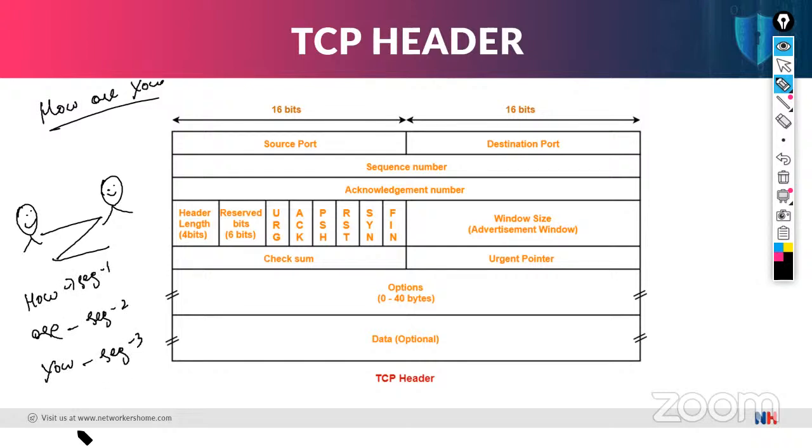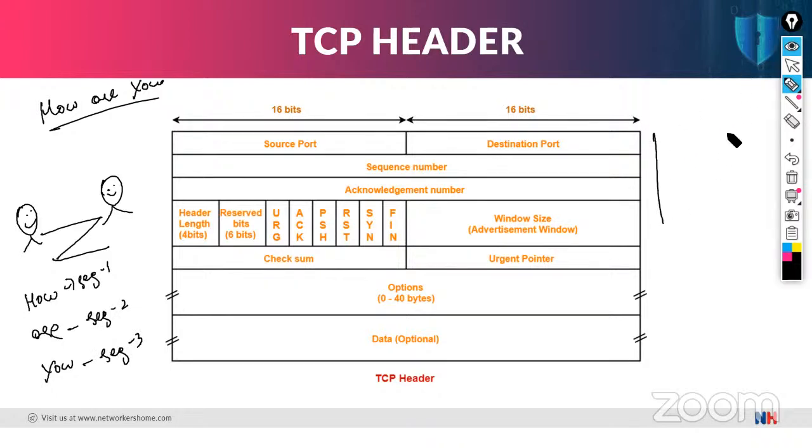The first segment should always be how, the second should always be are, the third should always be you. On the receiver side, he should first receive how, then are, then you. Then you have received the data perfectly.